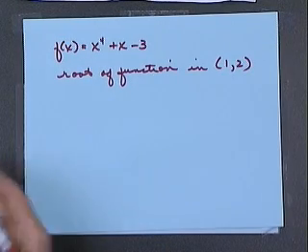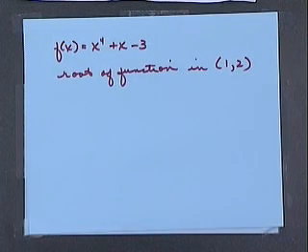So a root means it crosses the x-axis, right? A zero is another term for this. How would you go about that?